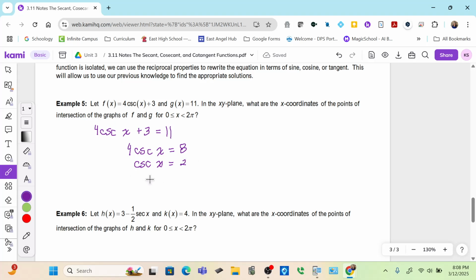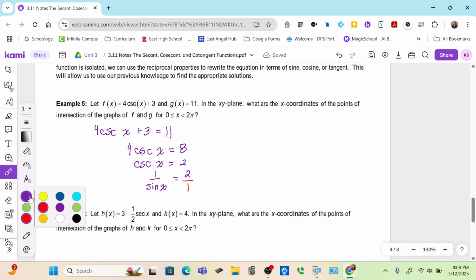Well, we know cosecant of x is 1 over the sine of x. So I'm going to have 1 over the sine of x equal to 2. In the process of solving, I could think of this as a proportion, and I could switch these two values.